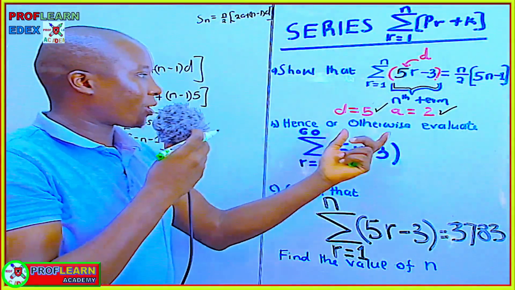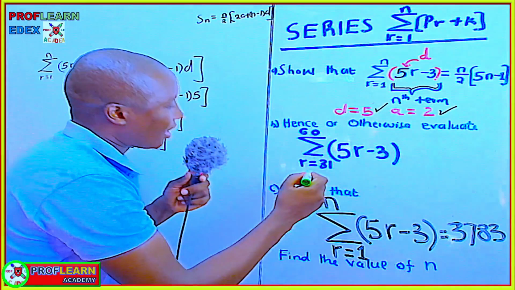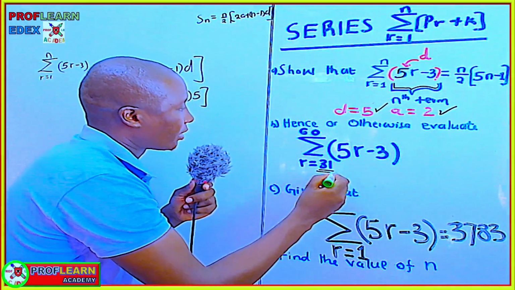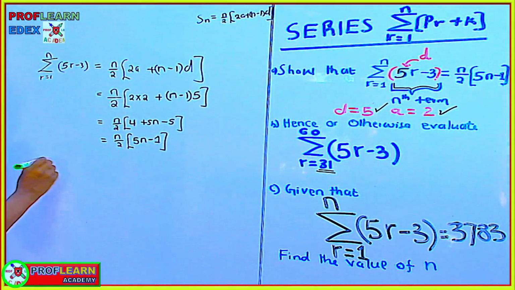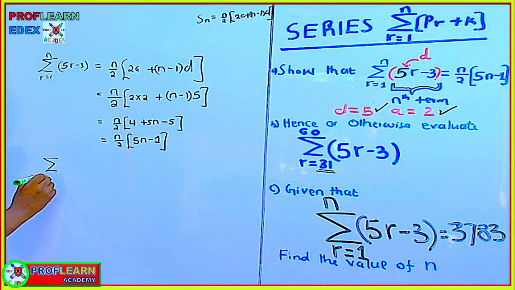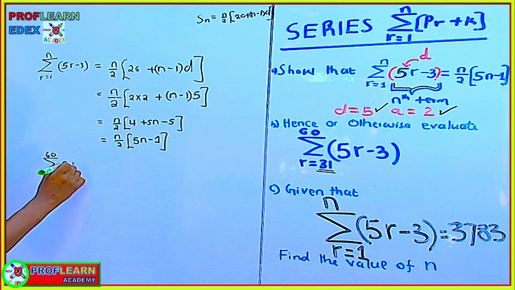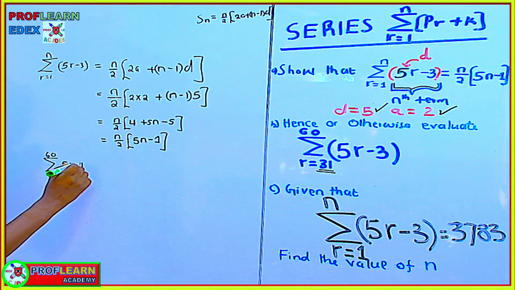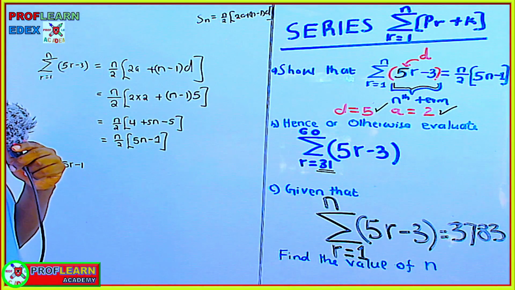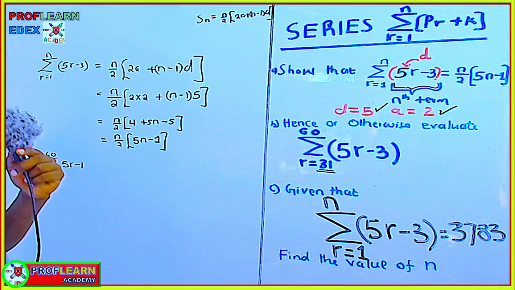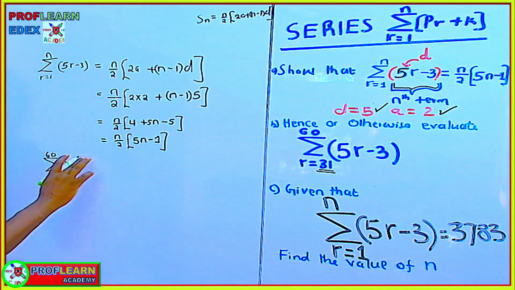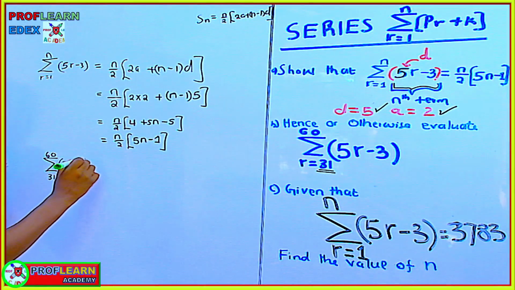Then we are told, hence or otherwise, evaluate this. We are evaluating from r equals 1 up to 60. So to evaluate that, we're going to say the summation from r equals 31 all the way to 60 of 5r minus 3.